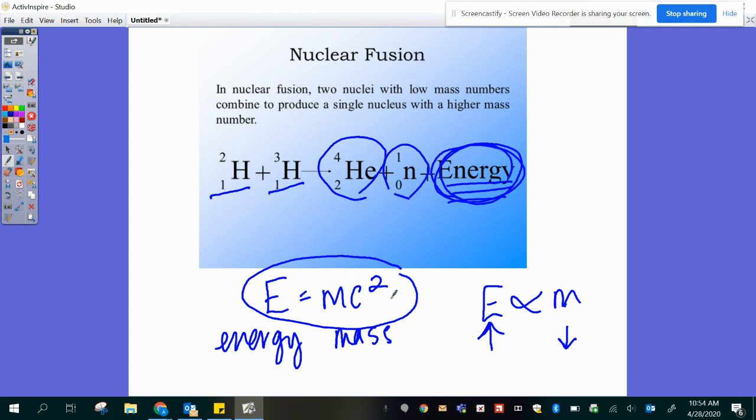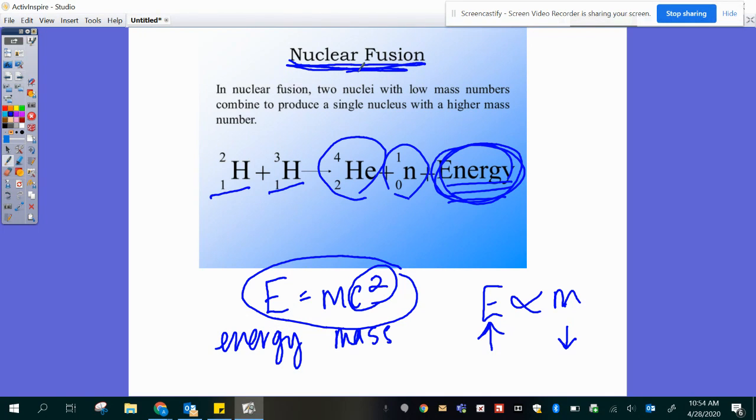And so the kind of coefficient or whatever is the speed of light, which is really, really big. So it is directly proportional, but you have to multiply whatever mass is lost times the speed of light to see how much energy you would generate. And you can get a lot of energy from it. But again, this is a process that we aren't doing here on Earth.